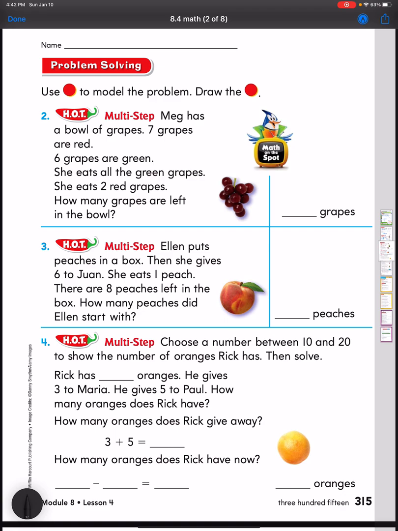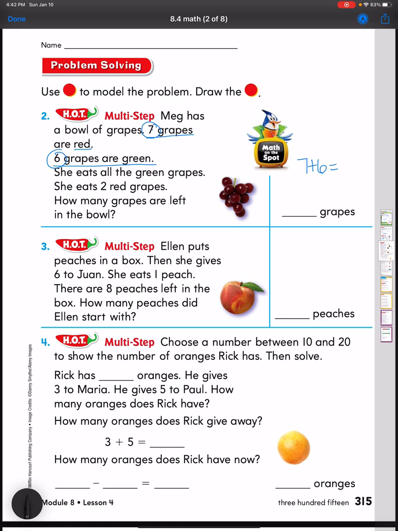What do we know? We know that Meg has a bowl of grapes. 7 grapes are red, and 6 grapes are green. Let's figure out how many grapes she has by adding 7 and 6 together. So my first step is to say 7 plus 6 equals.